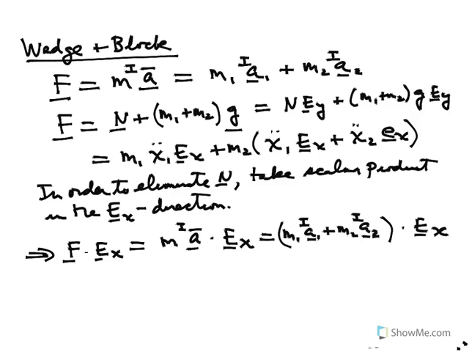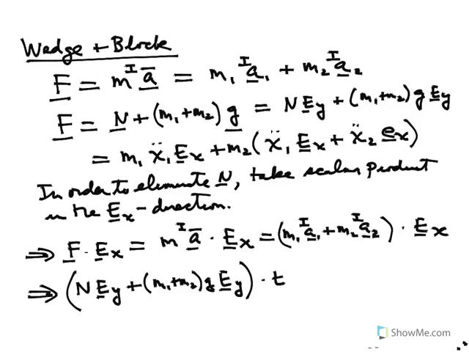So what does that give when we do that? Well, I've got N EY plus (M1 plus M2) g EY dotted with EX, which is equal to 0.